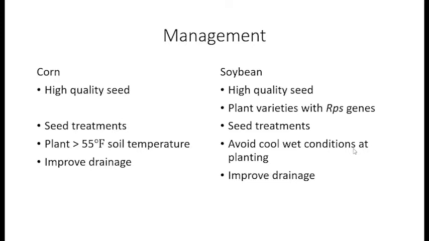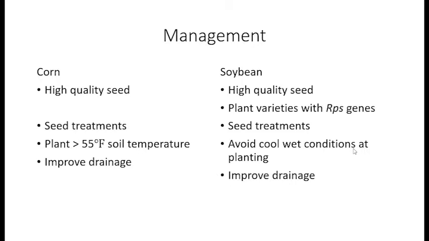Then for soybean, we have an extra tool, which is that there are some RPS genes, some resistance genes, but they work only against Phytophthora sojae, right? If it is Pythium, if it is Fusarium, or anything else, they are not going to work very well. But given that Phytophthora is one of the top issues with soybeans, it offers a level of protection, right? If that is the issue in your field.